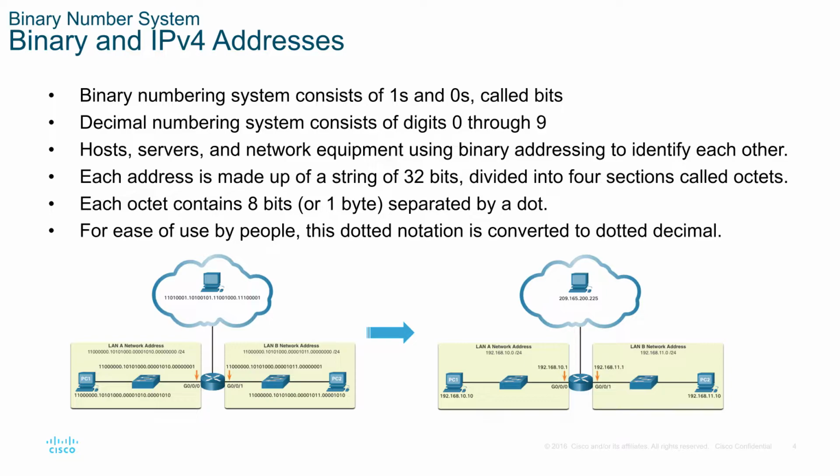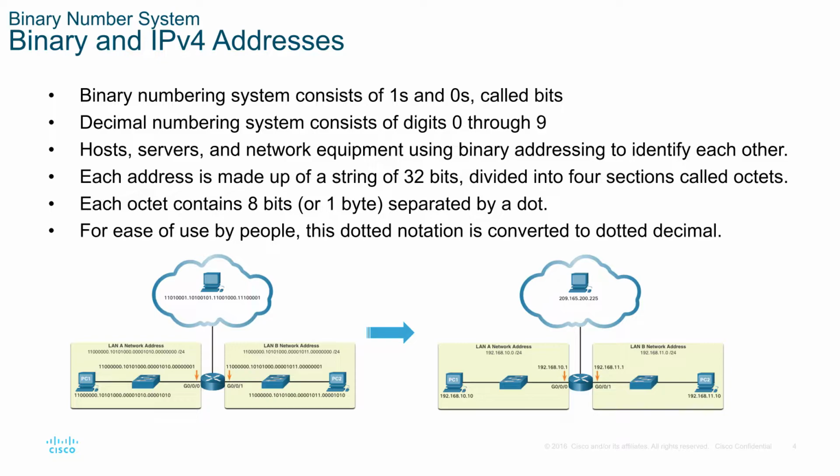All hosts, servers, and network equipment use binary addressing to identify each other. Each address is made up of a string of 32 bits for an IPv4 address, or 128 bits for an IPv6 address. For an IPv4 address, the string of 32 bits is divided into 4 sections, each section referred to as an octet.